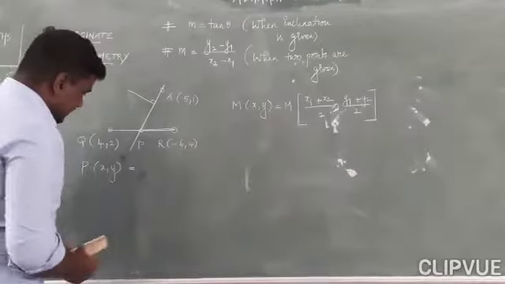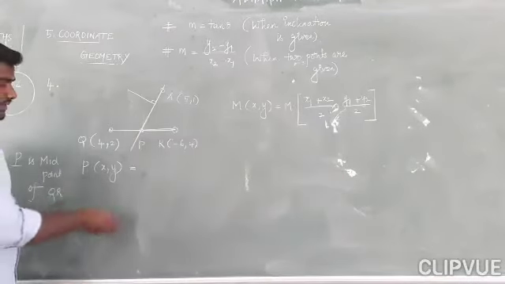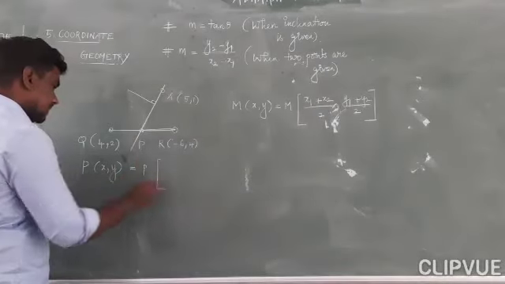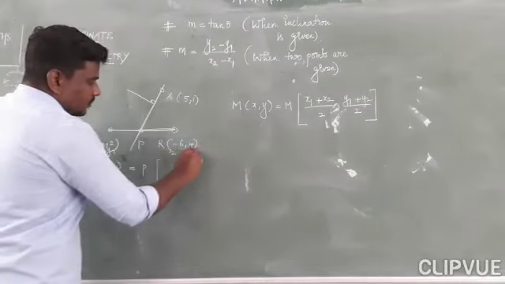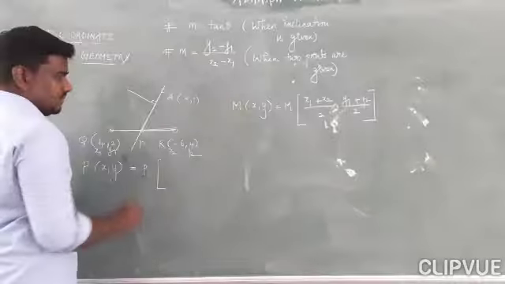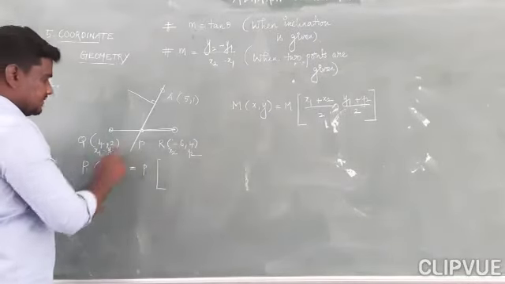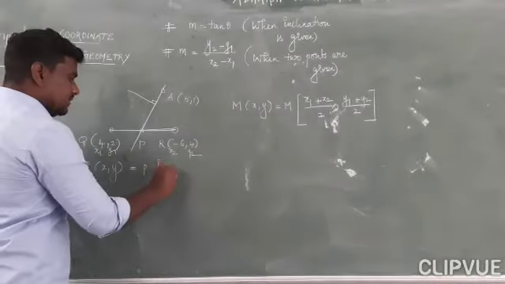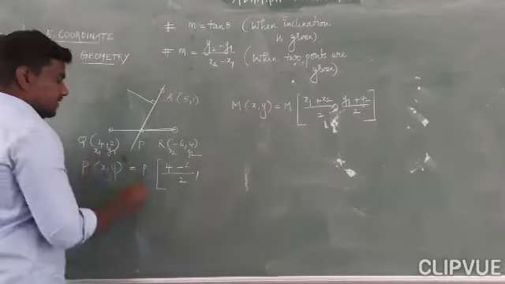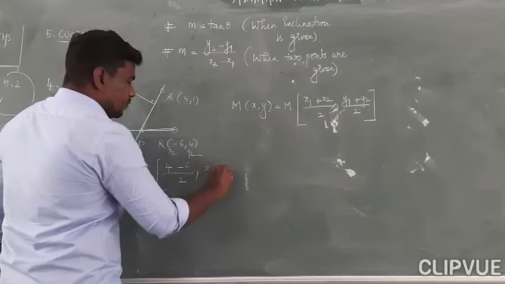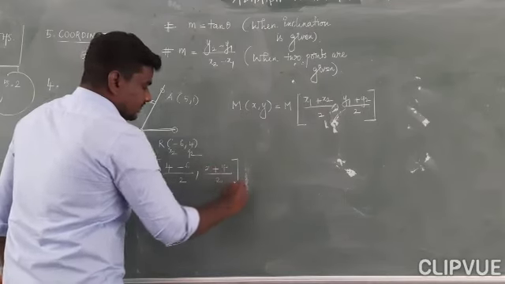Instead of M, here we have taken P. So x1 is 4, x2 is minus 6, divided by 2, and y1 is 2, y2 is 4, divided by 2.